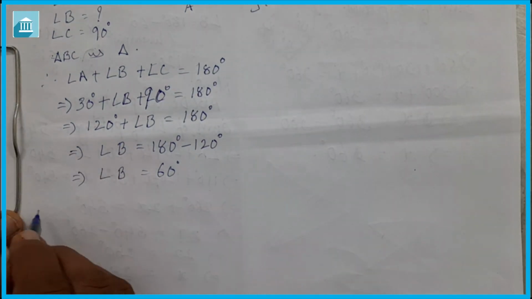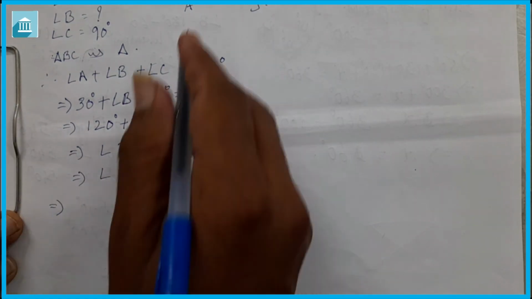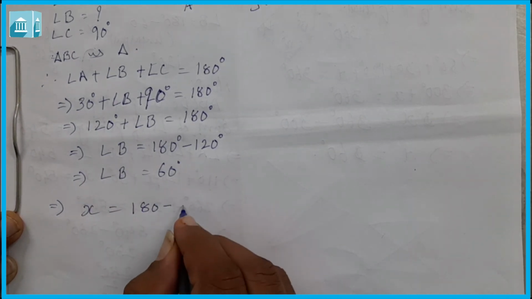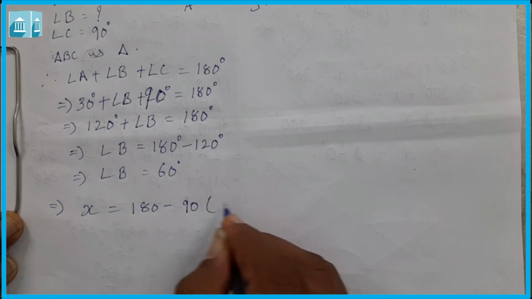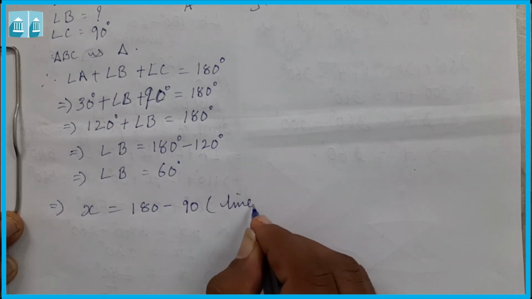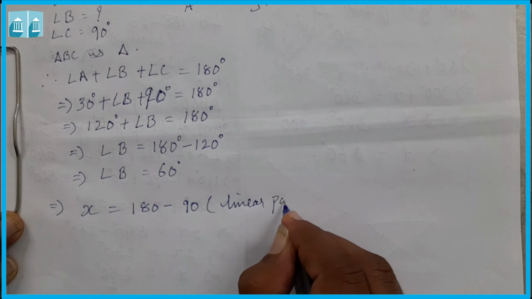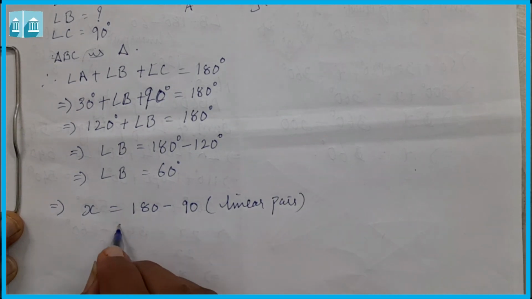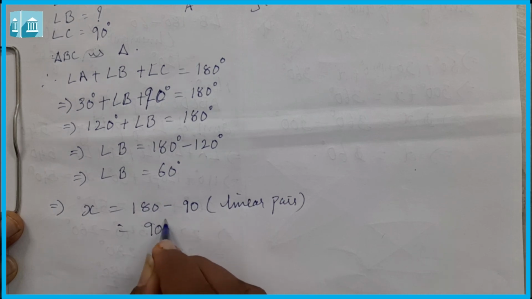Now x is equal to 180 minus 90 degrees, because it is a linear pair. By linear pair we get x is equal to 180 minus 90 degrees, which is equal to 90 degrees.